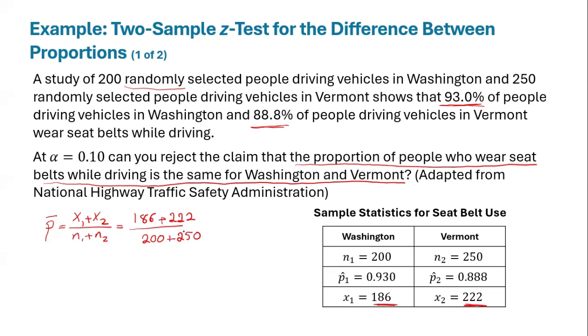And after finding the p bar, we need to multiply n1 by p bar and n2 by p bar. And the same for q bar, because q bar is 1 minus p bar. After finding these values, we need to multiply n1 by q bar and n2 by q bar and make sure that all of them are greater than or equal to 5.